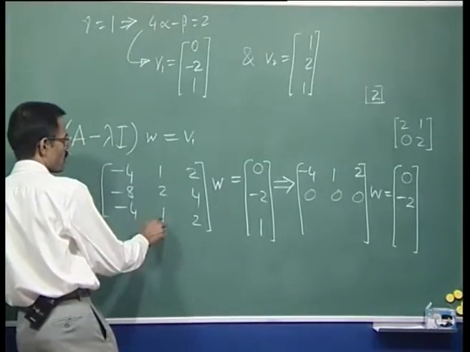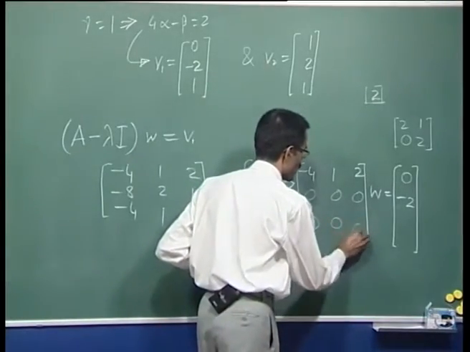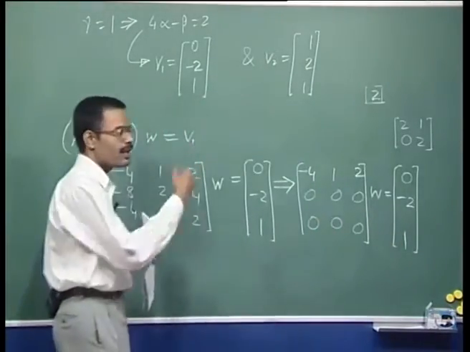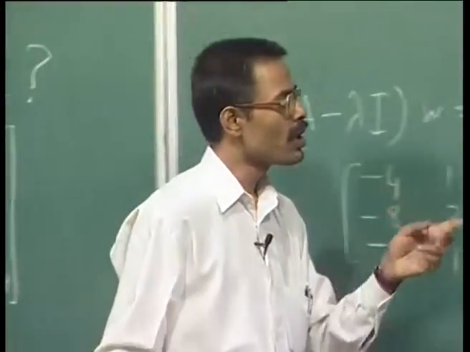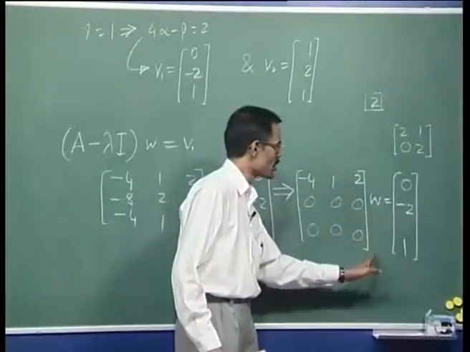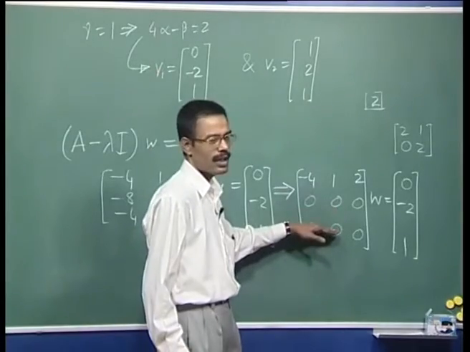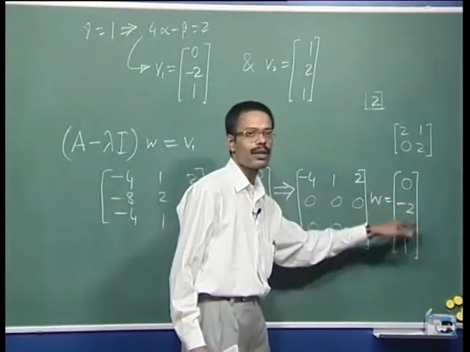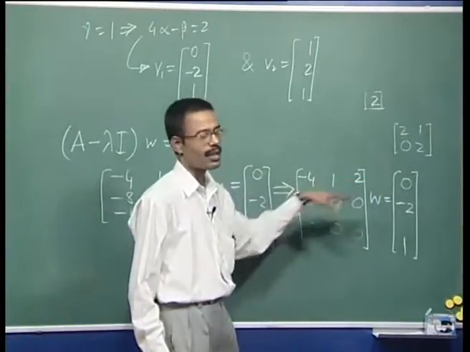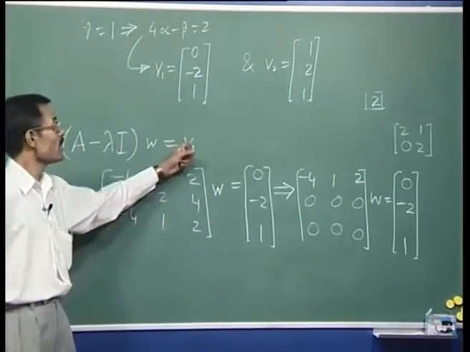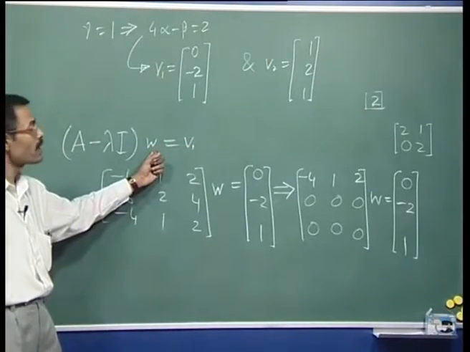So, 0, 0, 0, 1. Can you see that this system of equations is actually inconsistent? Because whatever is W, the second and third row will give you 0 on the left side, but non-zero numbers on the right side. That means this system of equations is actually inconsistent. That means that V1 does not admit a generalized eigenvector, right.